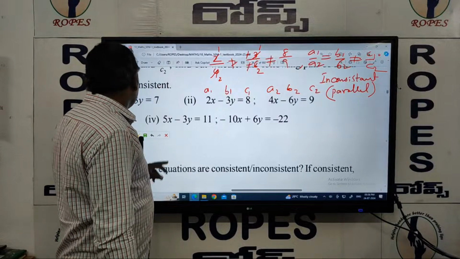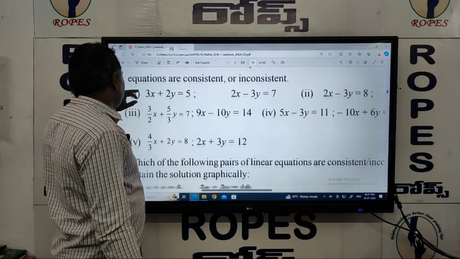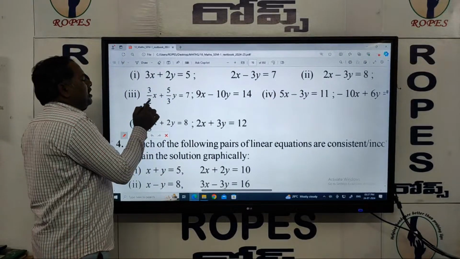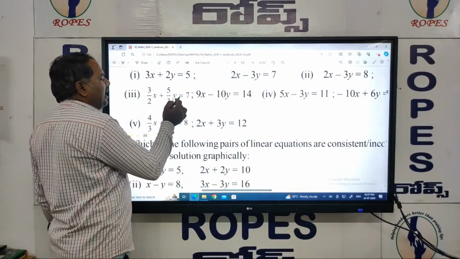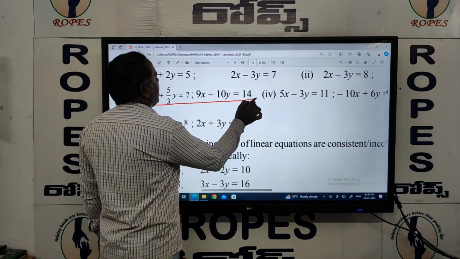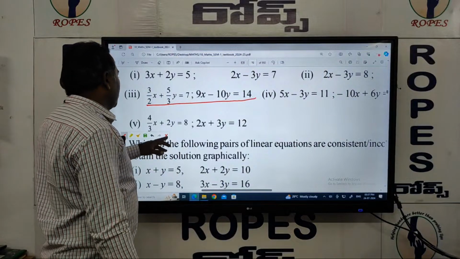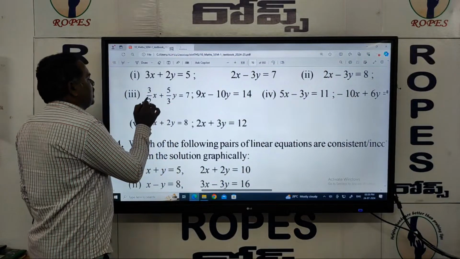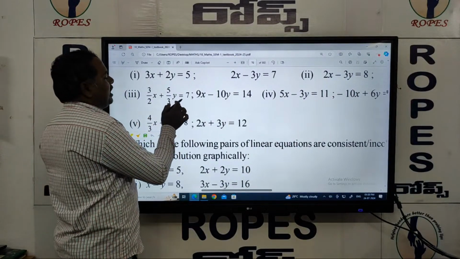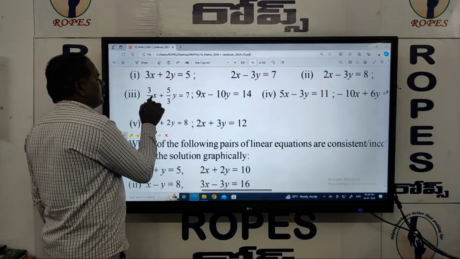And if you go to the third sub question, 3 by 2x plus 5 by 3y is equal to 7 and 9x minus 10y is equal to 14. This is the third question. Now we'll see the relation. First we will change this to normal form.